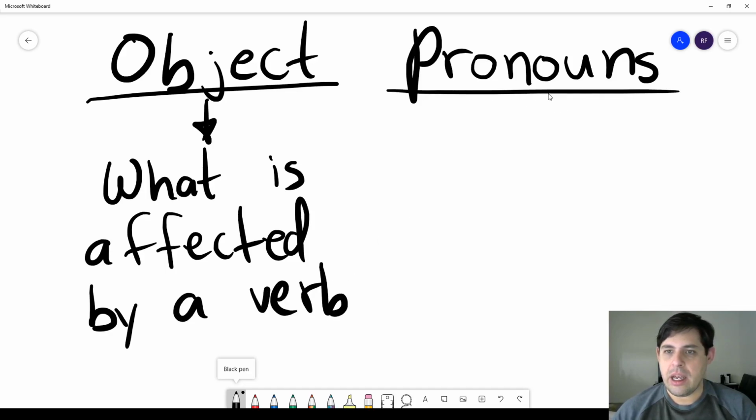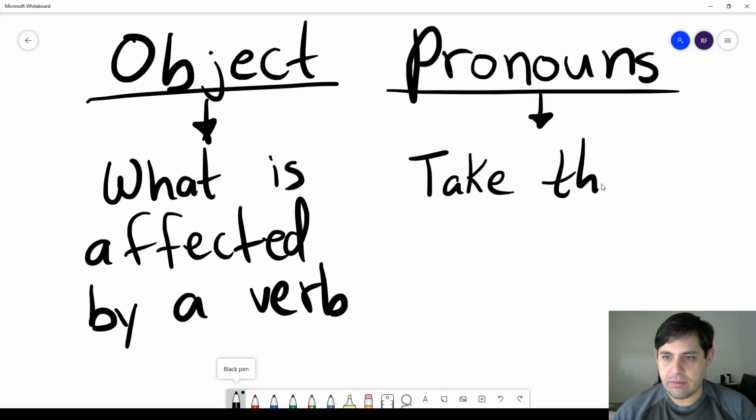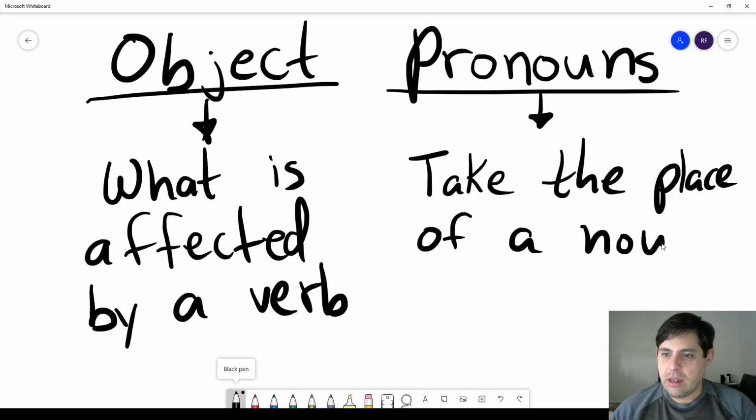And a pronoun, if we remember back to our first few weeks of English, we remember that pronouns take the place of a noun, right? They're words that take the place. So you're familiar with subject pronouns, okay?